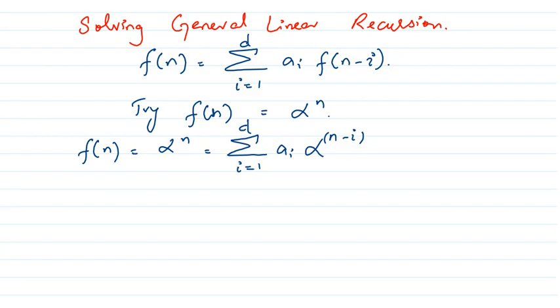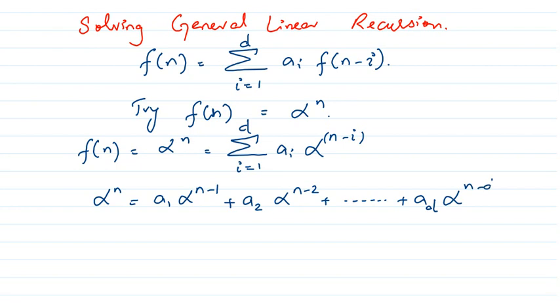So alpha power n is equal to a1 alpha raised to the power n minus 1 plus a2 alpha raised to the power n minus 2, and so on up to ad alpha raised to the power n minus d.